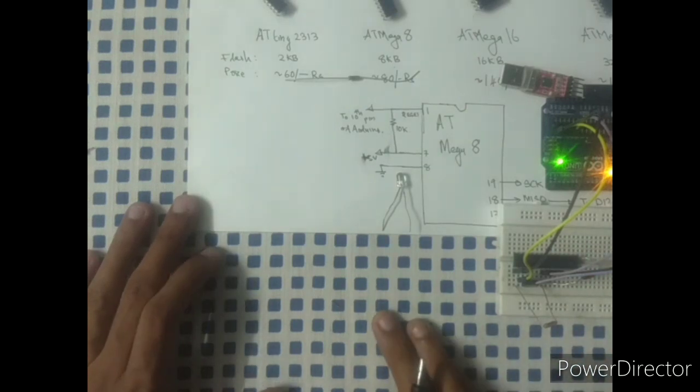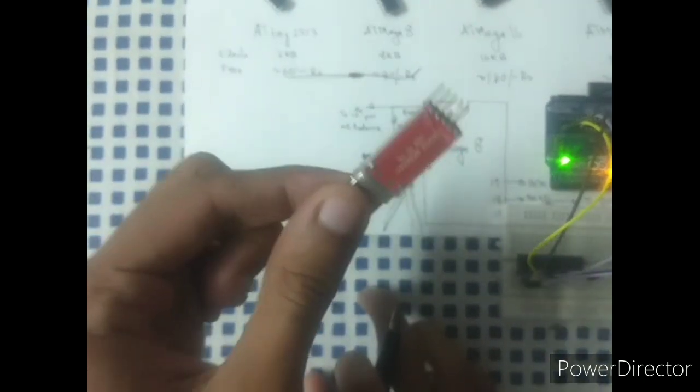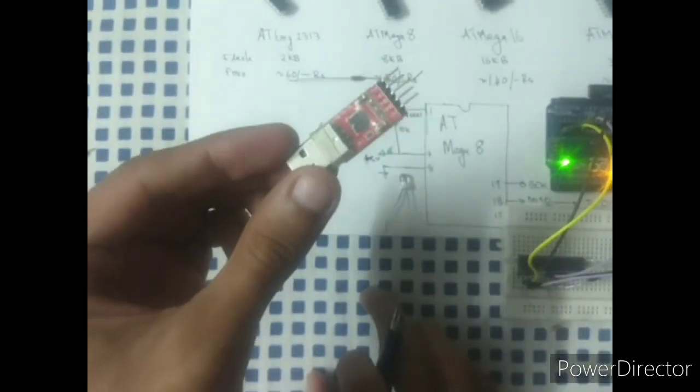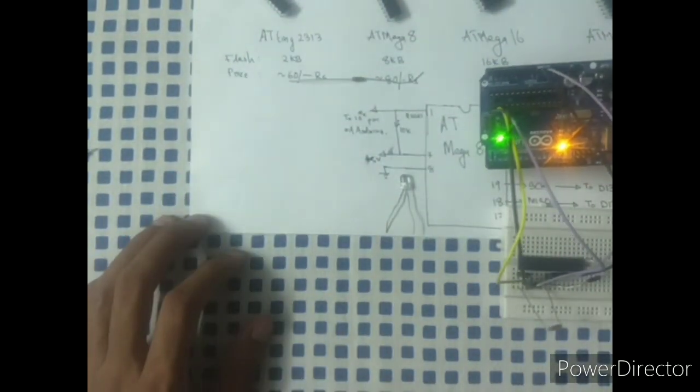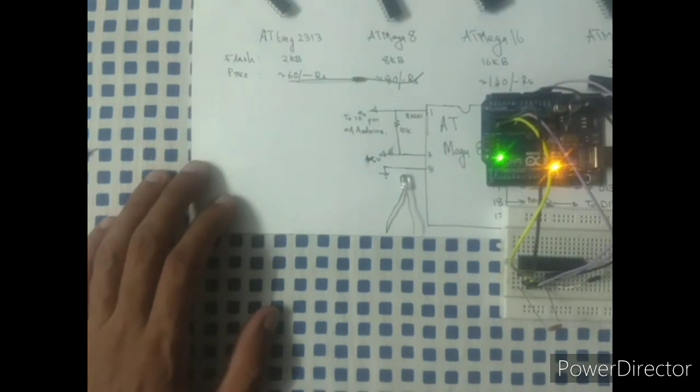Now since the USB to serial converter doesn't have the DTR reset signal, I have removed the ATmega 328P from my Arduino board and made the following connections with the breadboard.